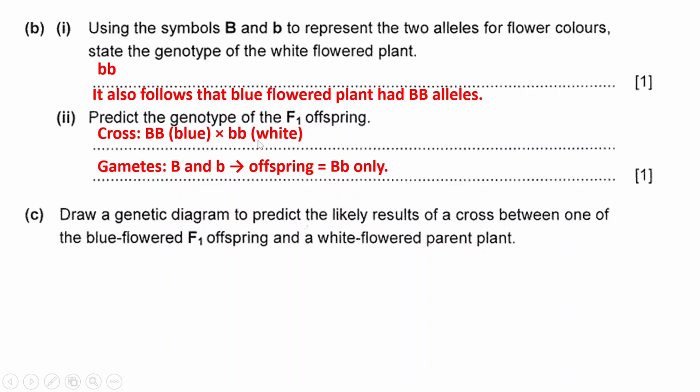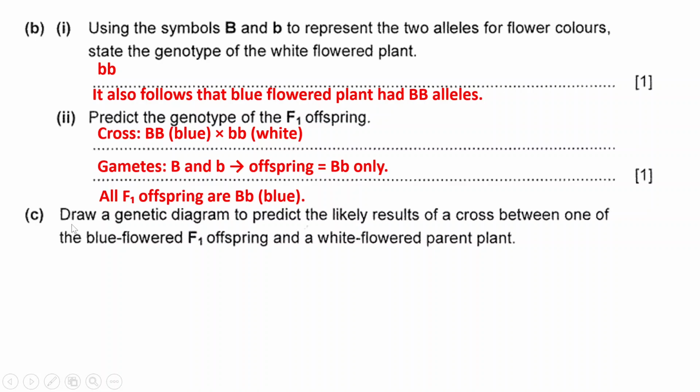The gametes are just capital B and small letter b, which means the offspring will have the alleles capital B and small letter b only. So we are saying all the first generation offspring are Bb and will be blue in color.